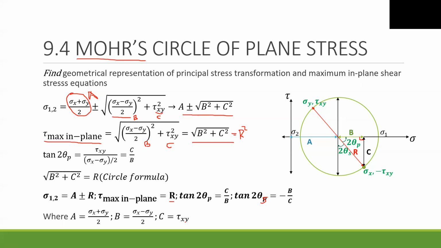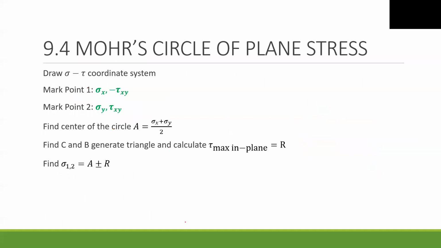Drawing the circle seems to be a little bit harder, but in the next step I can show that by applying this strategy you can find the two principal stresses or maximum in-plane shear stresses very easily compared with using the two functions.